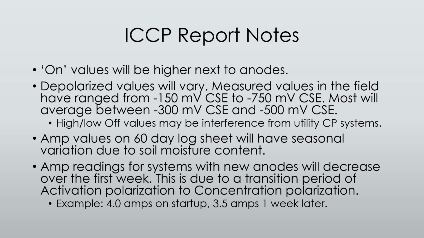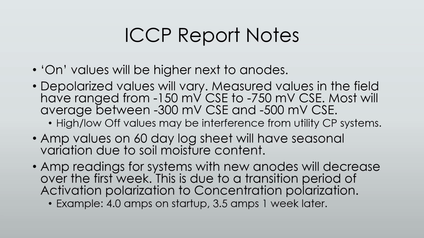We go back to our practical galvanic series. New steel is about -500 from the factory. So over time, the value will decrease. We'll become more electropositive. We'll lose that energy built up in our lattice, and we'll approach values closer to -300. So high or low off values may be interference from CP systems.